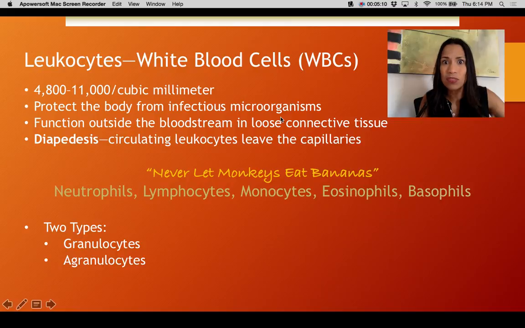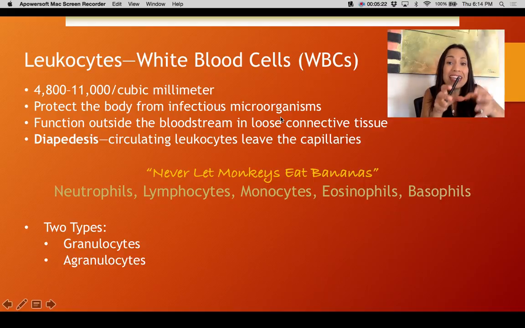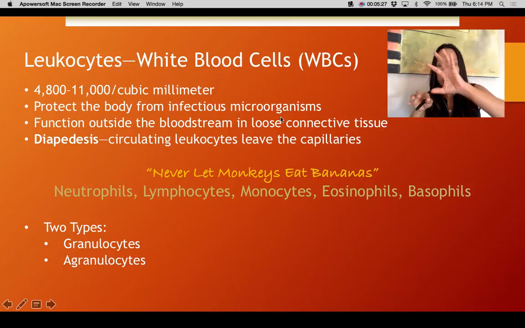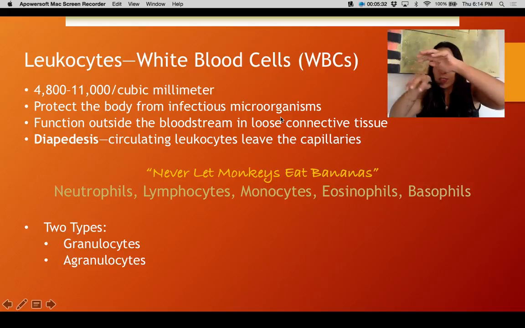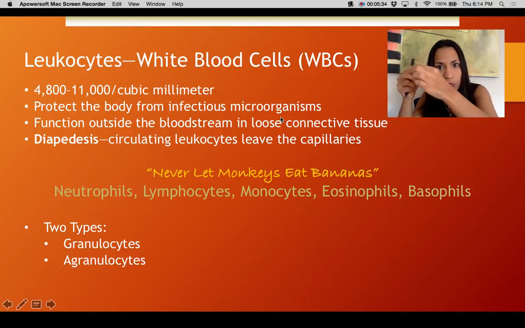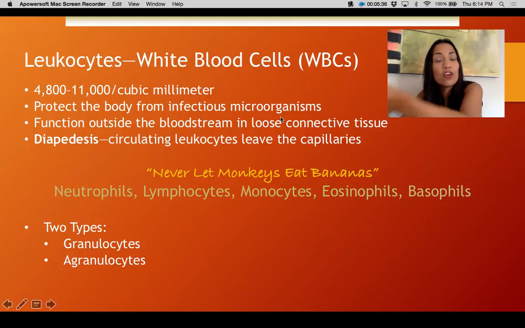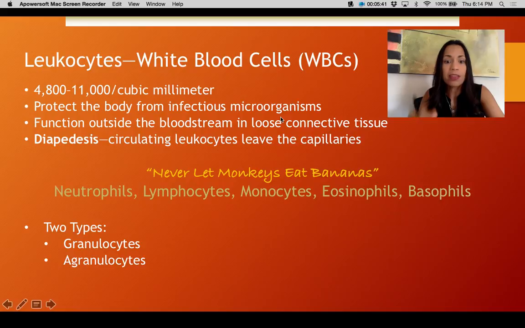It happens that they pass through the skin of your elbow and they see that you have a little scratch in there and there is one bacteria in there. They will get out of the circulation by diapedesis, which is the name of the movement. They can squeeze between the endothelial cells of the blood vessel and go to the connective tissue where the infection or the pathogen is located.